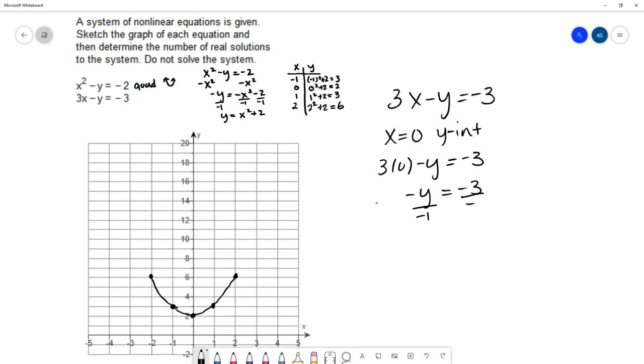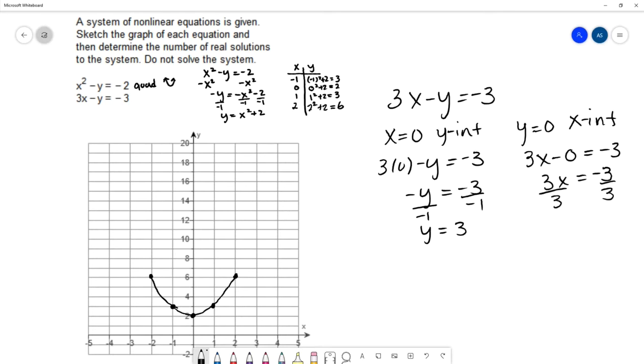And I'll divide by -1 to get y equals 3. I can let y equal 0 to find the x-intercept. And that will give 3x minus 0 equals -3. 3x equals -3. Divide by 3 and get x equals -1.